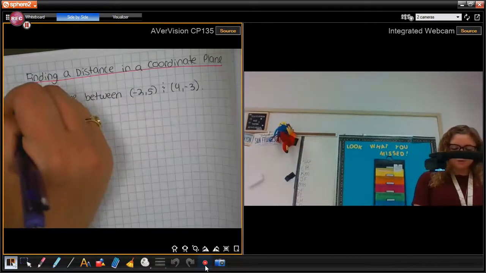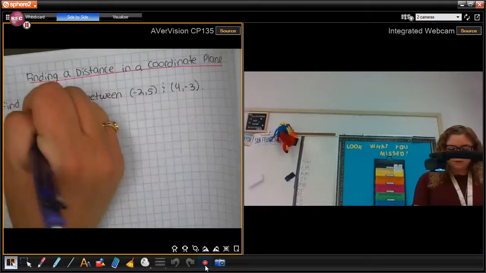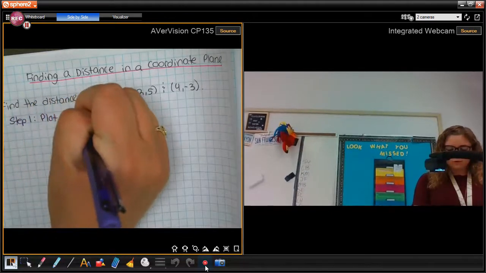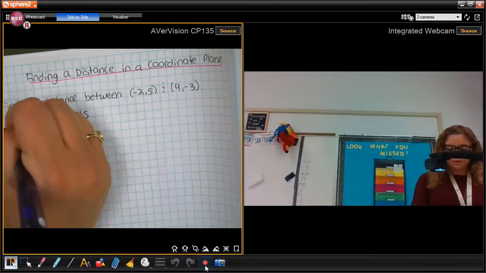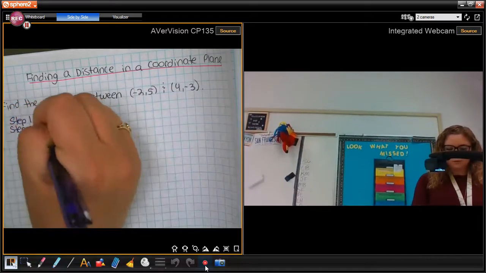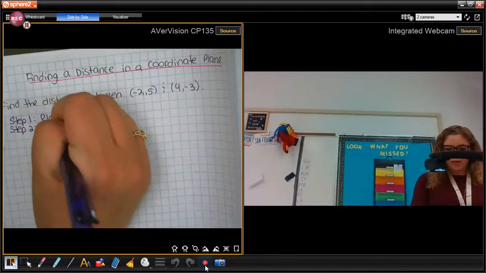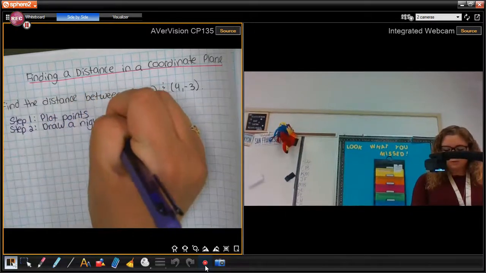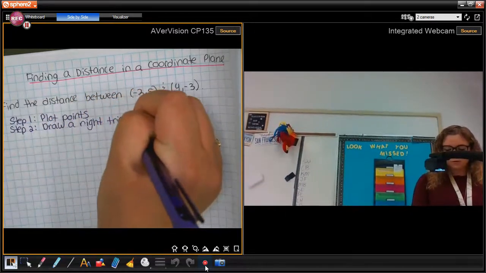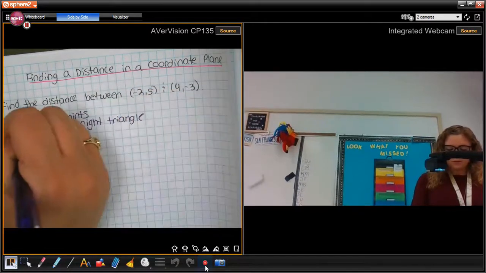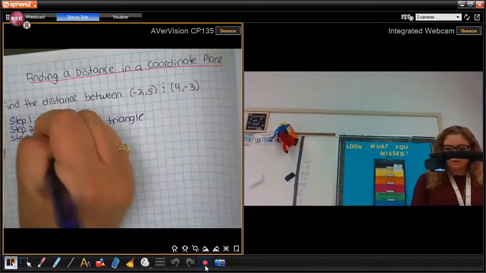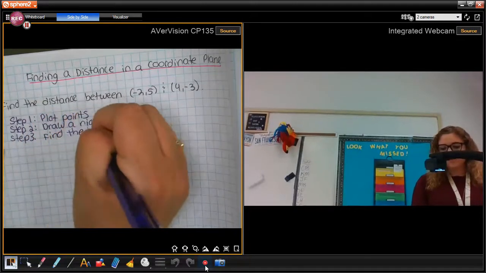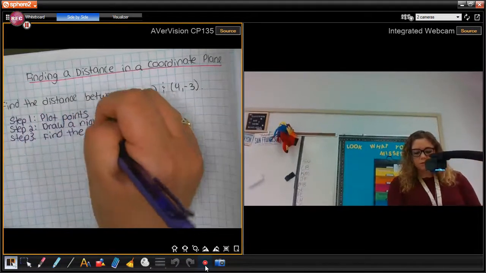Step 1, you're going to plot the points. Step 2, draw a right triangle using those points. And then step 3, you're always going to find the hypotenuse because the hypotenuse represents the distance.